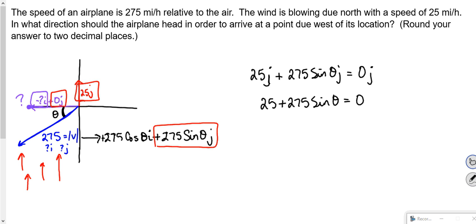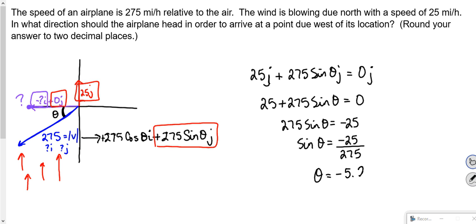So this is going to tell me then that 275 sine theta equals negative 25. So sine theta equals negative 25 divided by 275. And then if you take the arc sine of that, your theta is negative 5.22.